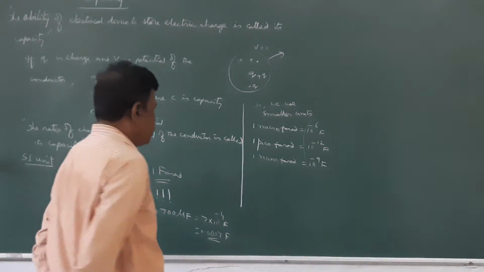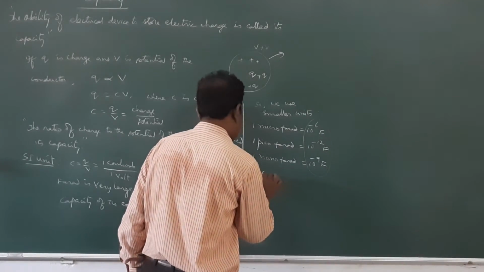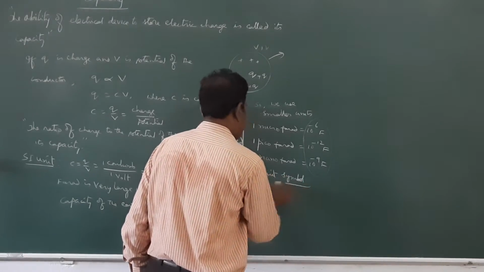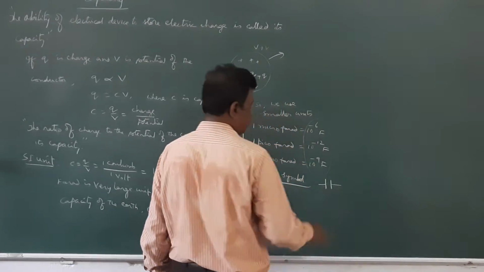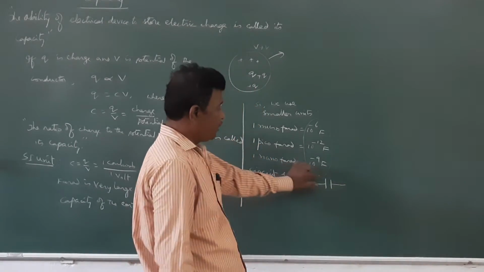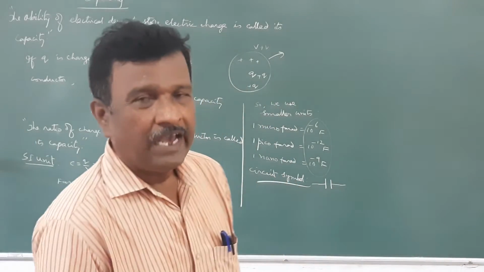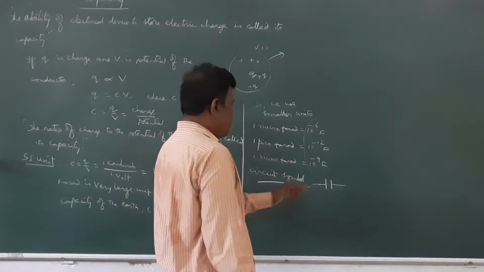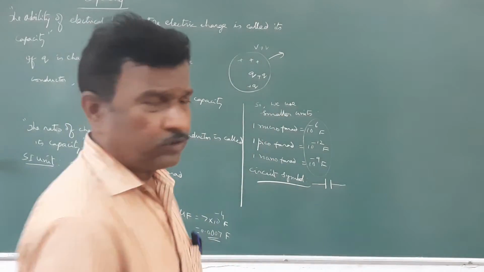Now, the capacitor's circuit symbol is represented like this. There will be two terminals having equal area. This is the circuit symbol of an electrical capacitor. Now, these capacitors are used in almost all electrical circuits.